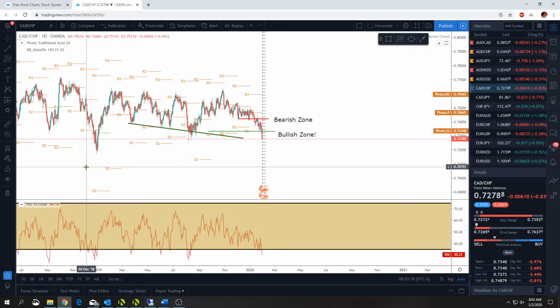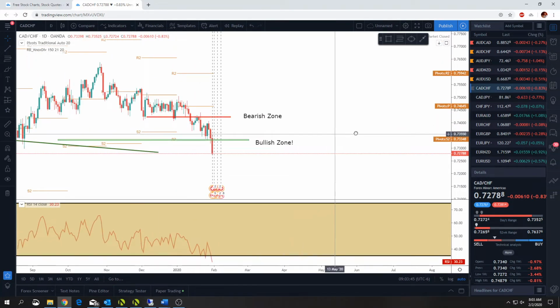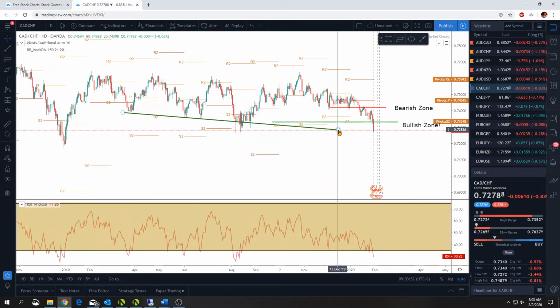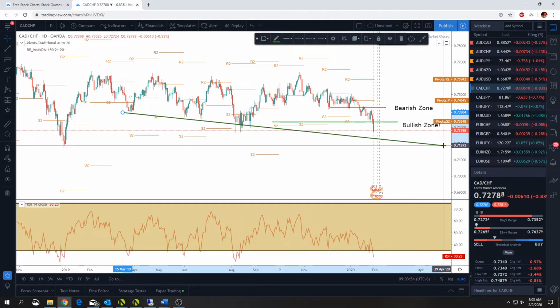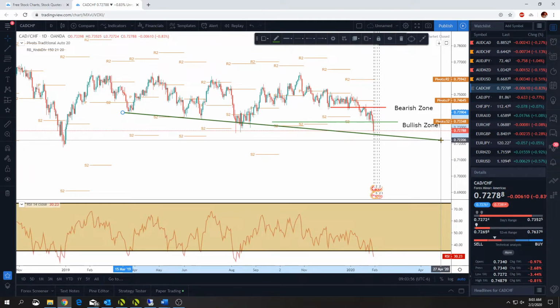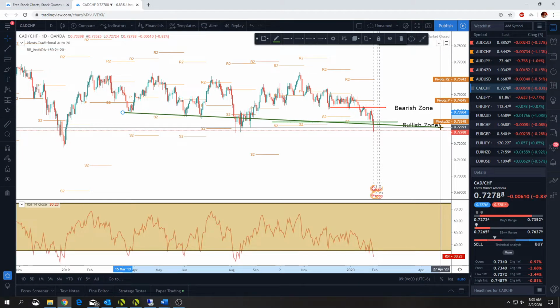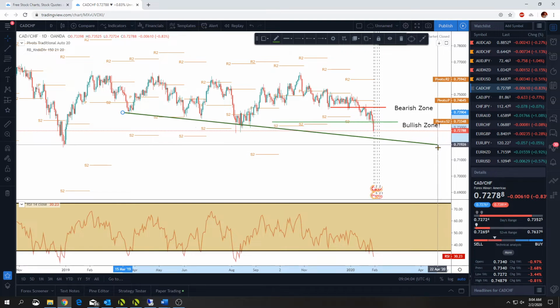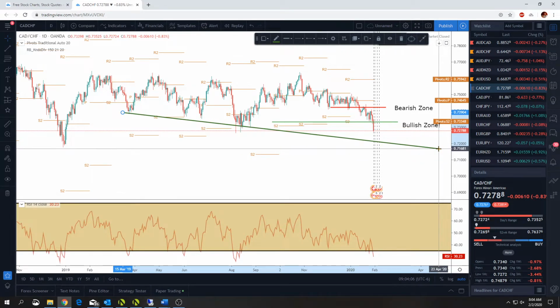Okay, CAD Swiss franc. So obviously the Swiss franc got strong, which is revered as a safe haven currency. So if we continue this trend line, some people are very sticklers on the bottom of those candlesticks. Some go right off that, but because we had that turnaround there, I'm going to just draw it like that.